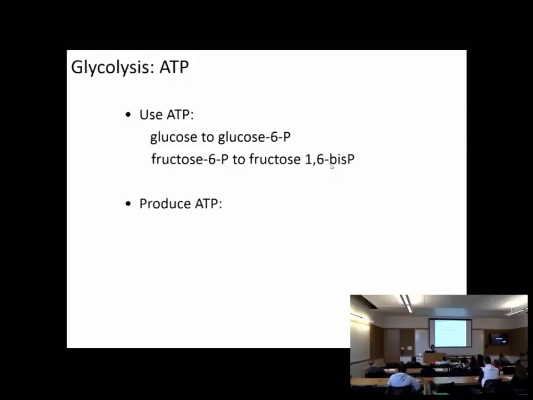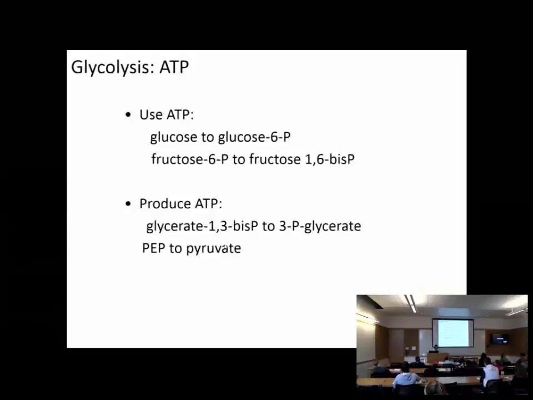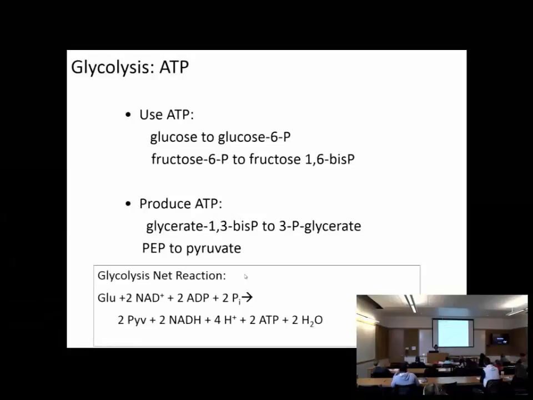But we're producing ATP in duplicate. One where we're taking off that inorganic phosphate, and the other one in our last step, PEP to pyruvate. But this happens in duplicate, so there's 2 steps, so we have 4 altogether. So this is our net reaction.